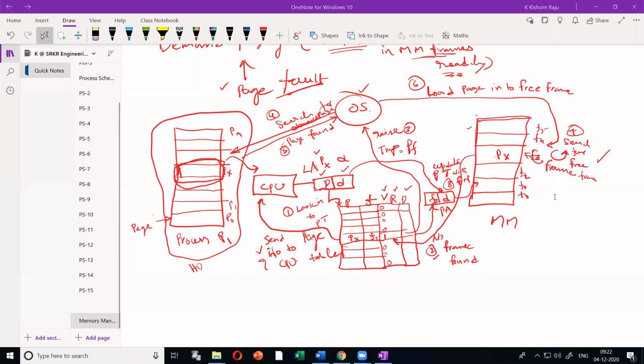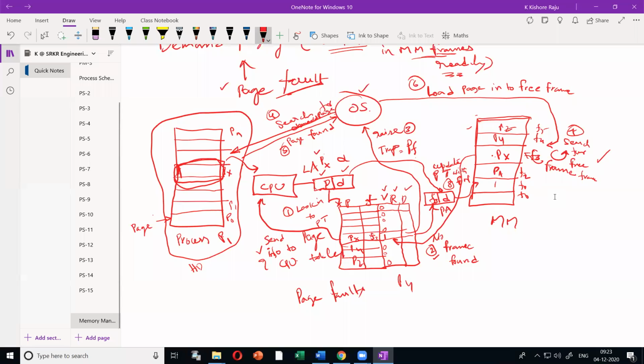Okay, so like this, the number of page faults occurs. For example, I want to take the same example. So now for px, a page fault occurred, so I loaded the page. Next it asked for py, so I placed py here, and pz here.